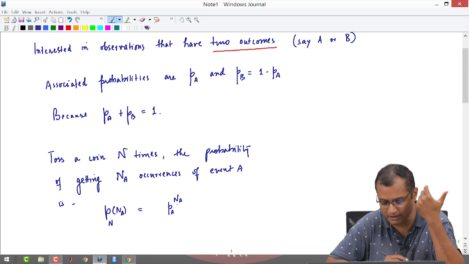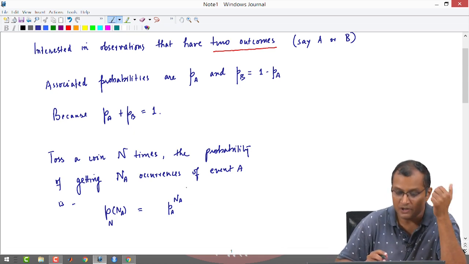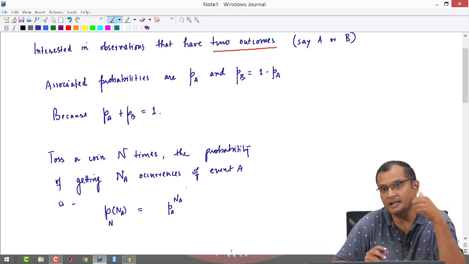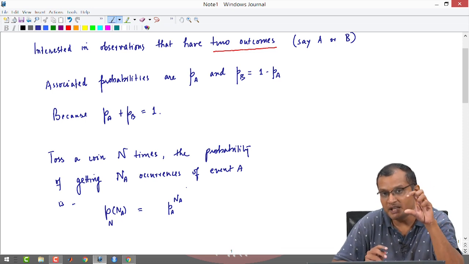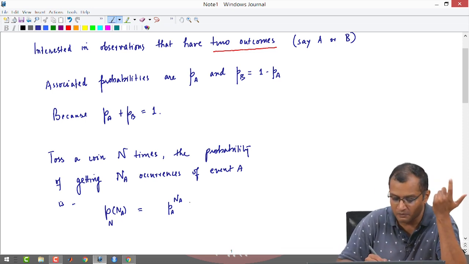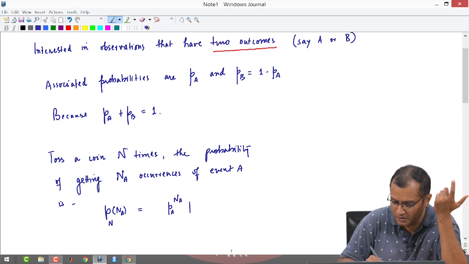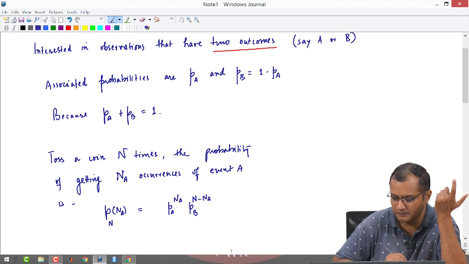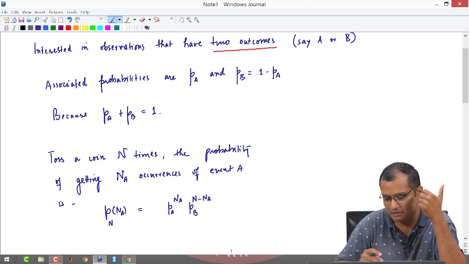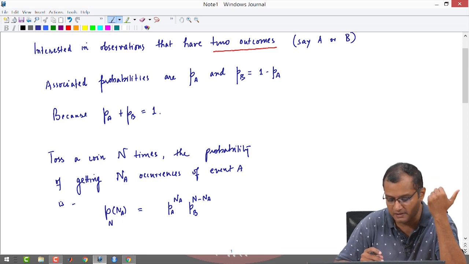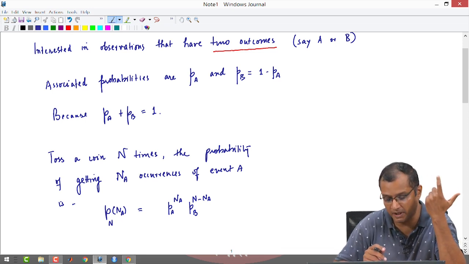Okay. These are independent events, and naturally when you had A occurring n_A times, you had B occurring n_B times, which is n minus n_A. Okay. So, the probability is P_B raised to n minus n_A times P_A raised to n_A.